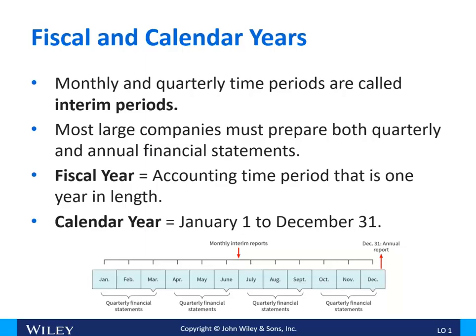Different industries will adopt different year ends. A lot of retail companies don't have December 31st as their year end. It's either January or sometimes into February, so it's off a little bit from the calendar year. The reason for that for retail is that November and December are big sales periods leading into the holidays.